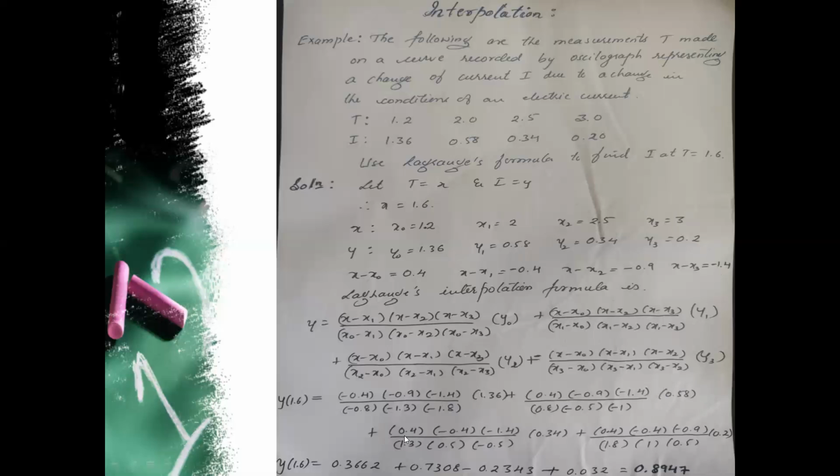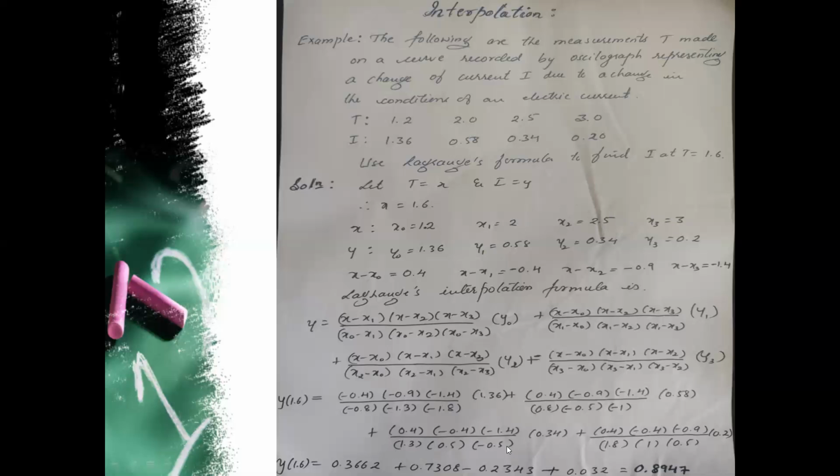Then again we'll go for x minus x0, x minus x1, x minus x3. Sorry, 0.4 into minus 0.4 into minus 1.4 divided by, we have the values x2 minus x0, that is this value, 2.5 minus 1.2, then 2.5 minus 2 and 2.5 minus 3.